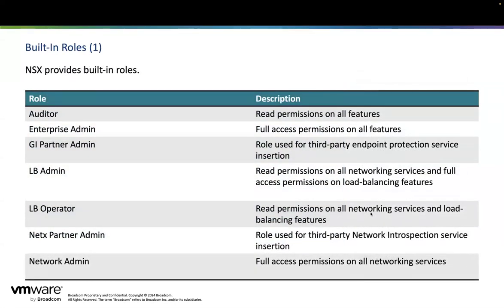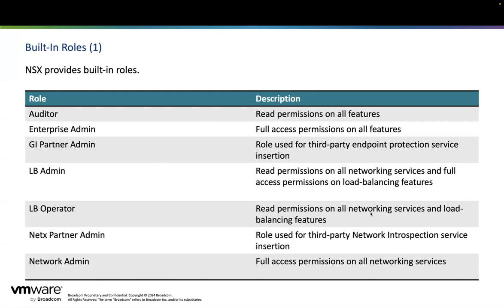NSX provides built-in roles. Looking at the role and the description, the auditor has read permissions on all features. Enterprise admin, full access permissions on all features. The GI partner admin is a role used for third-party endpoint protection service insertion.